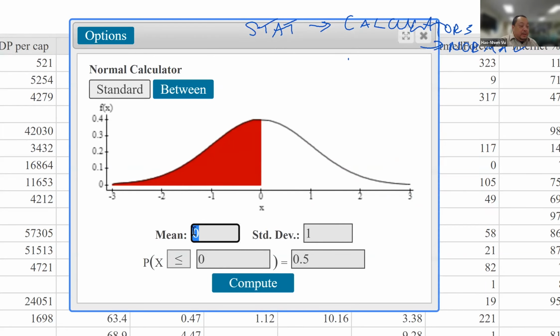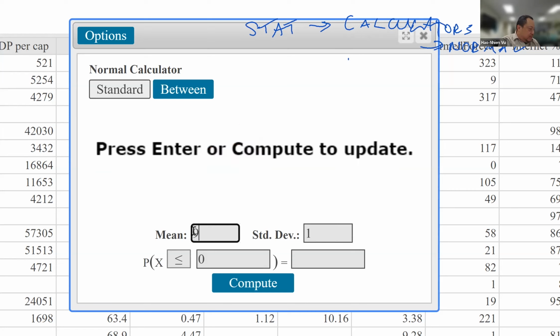You fill in the mean, 98.2, and the standard deviation is 0.73.